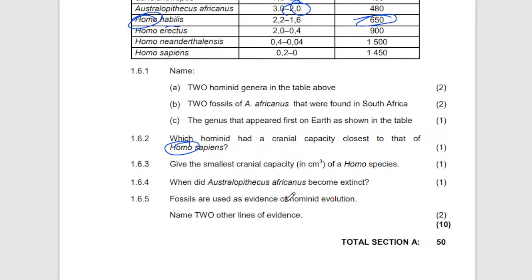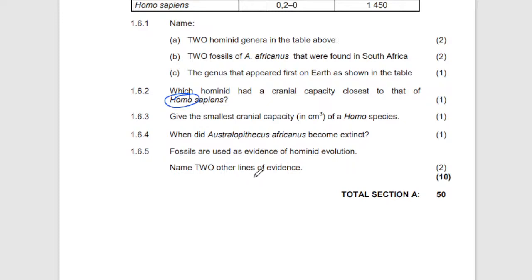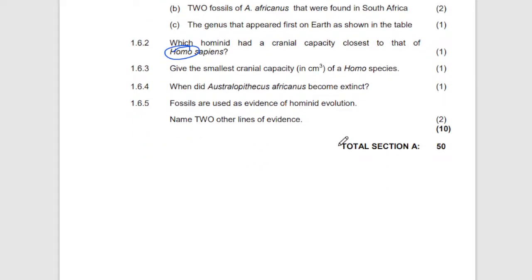Fossils are used as evidence of hominid evolution. Name 2 other evidences. When the question comes like that, guys, I told you, don't say mitochondrial DNA. You get it wrong, because mitochondrial DNA is not an evidence. It is an example of genetic evidence.